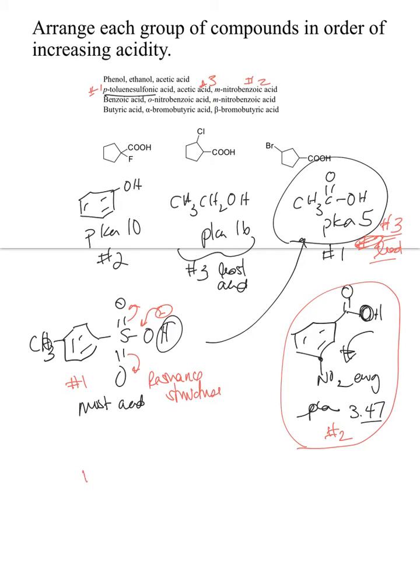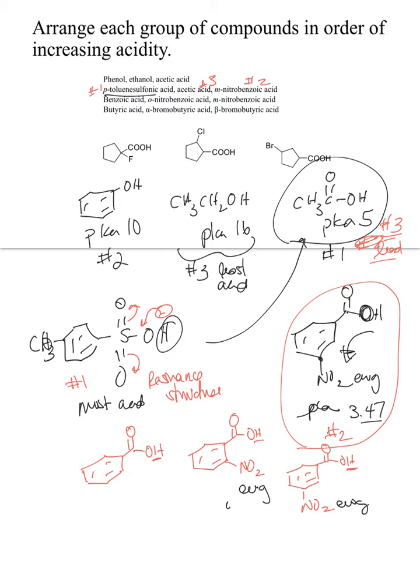Okay, the next one we have benzoic acid. Benzoic acid, we have ortho nitro. So there's your ortho nitro, and then the other one's the meta. So we're dealing with electron withdrawing groups and their effect on the acidity of this proton here. So this is an electron withdrawing group, electron withdrawing group. This is ortho, this is nitro. So if you look in your reading, there is a page that talks about this. So here your pKa of just benzoic acid is about 4.2.